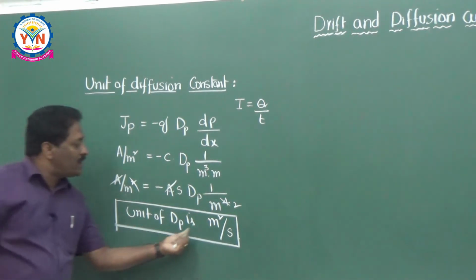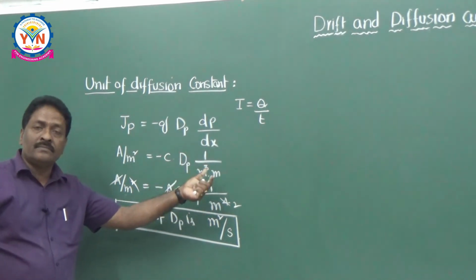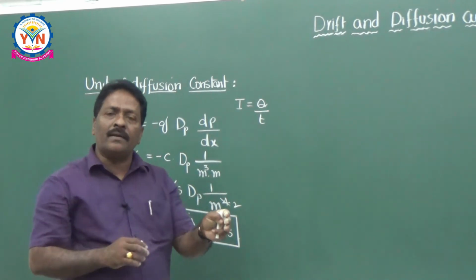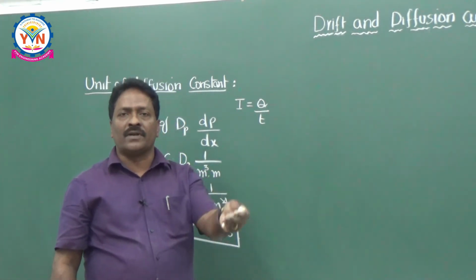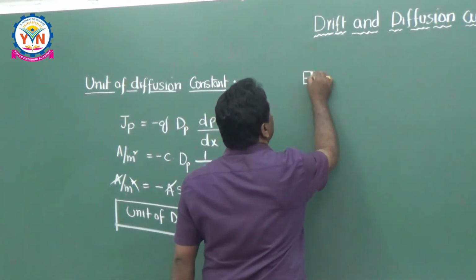So this is the way of obtaining the unit of the diffusion constant. Once you have this unit, I would like to tell you the relation between the parameters, mobility and the diffusion constant. Now I would like to tell you Einstein's relationship.